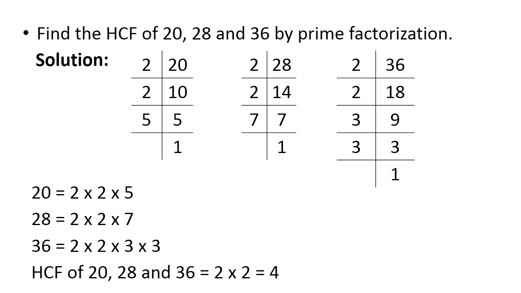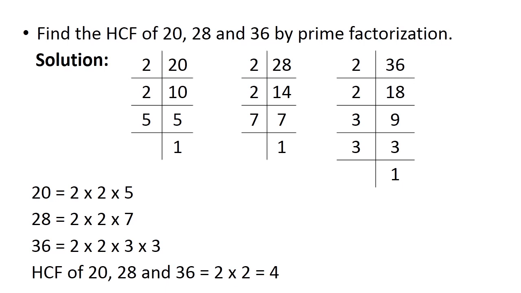Now 28. 28 you can write as 2 14s, 14 is 2 sevens, and 7 you can write as 7 ones. 36. 2 18s are 36. Now 18 is 2 9s, and 9 is 3 3s, and 3 you can write as 3 ones.